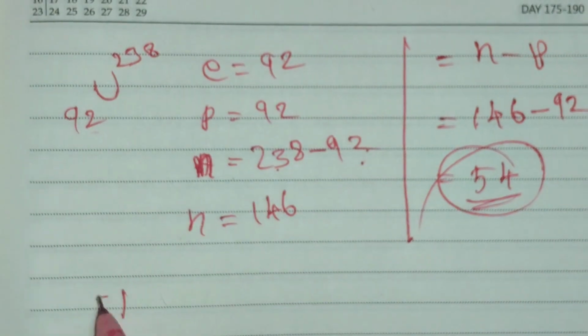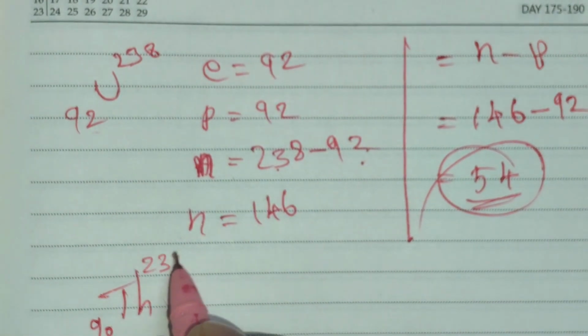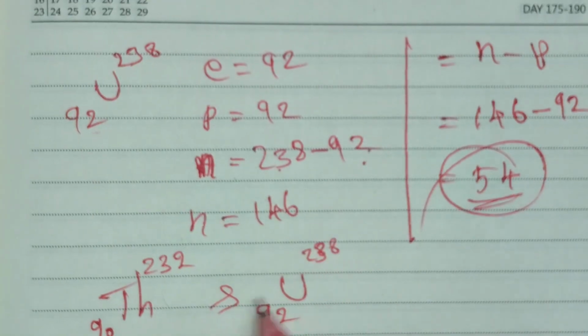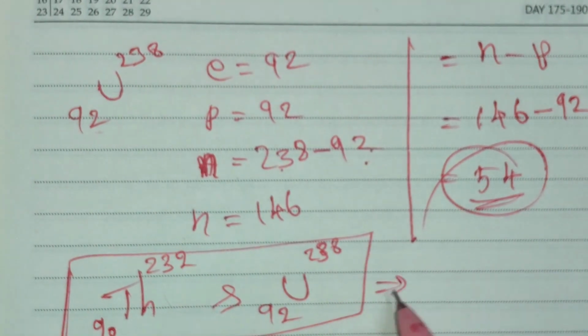So thorium 90, 234 as well as uranium 92, 238 are isodiaphers.